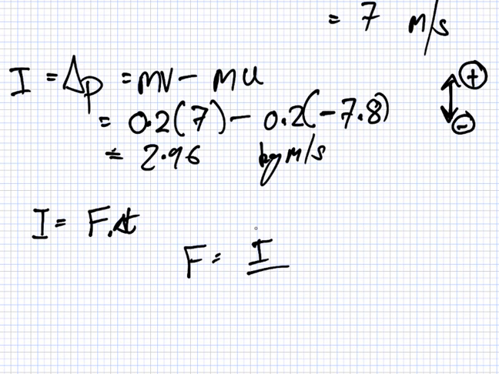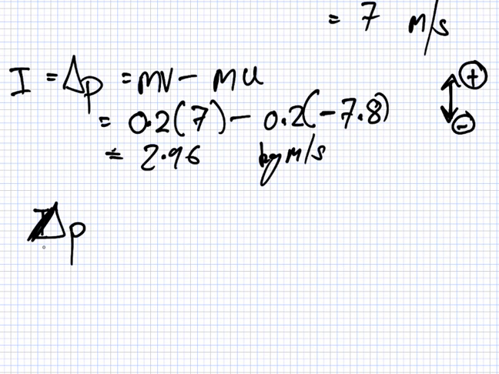I'd like to write it as delta P. Delta P over delta T, this is the other way to think about it, is F. What am I doing? I'm so tired. F is delta P over delta T.